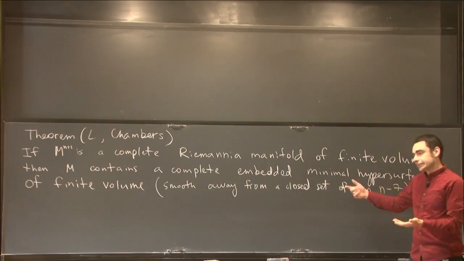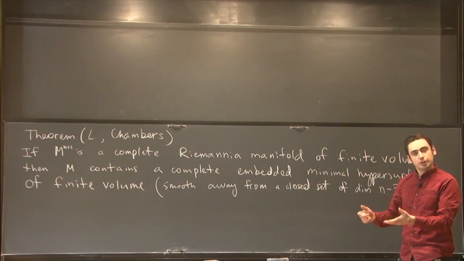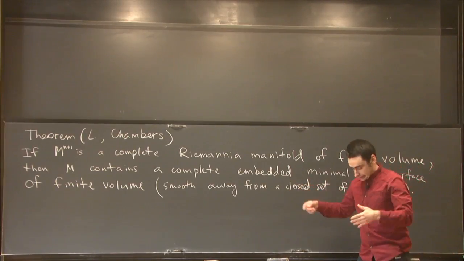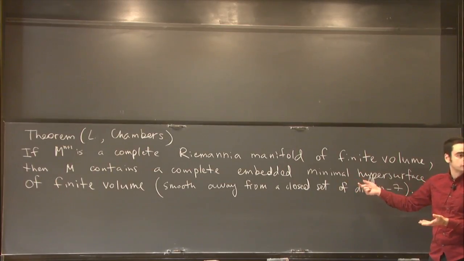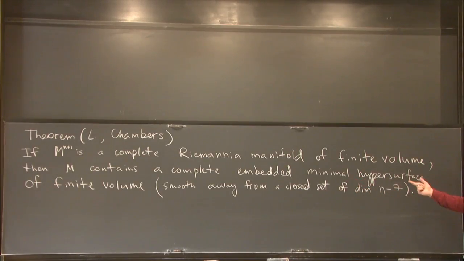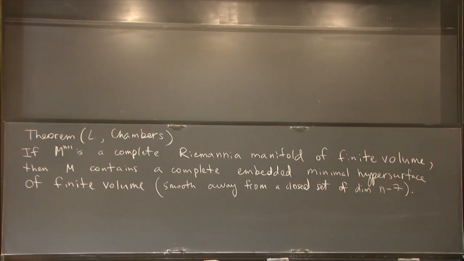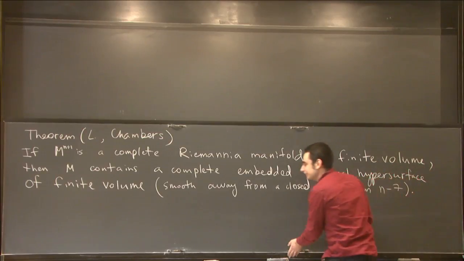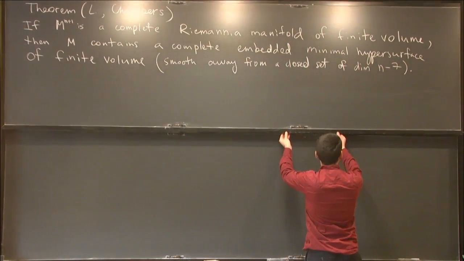And in fact, there are examples where the standard methods of producing minimal hypersurfaces, a min-max sweep-out method, will give you something which is non-compact. It is an open problem whether in this situation you can always construct a compact minimal hypersurface. It is actually not clear to me whether the answer is one way or the other. So if it's true, it has to be done in a different way than the way we do it.